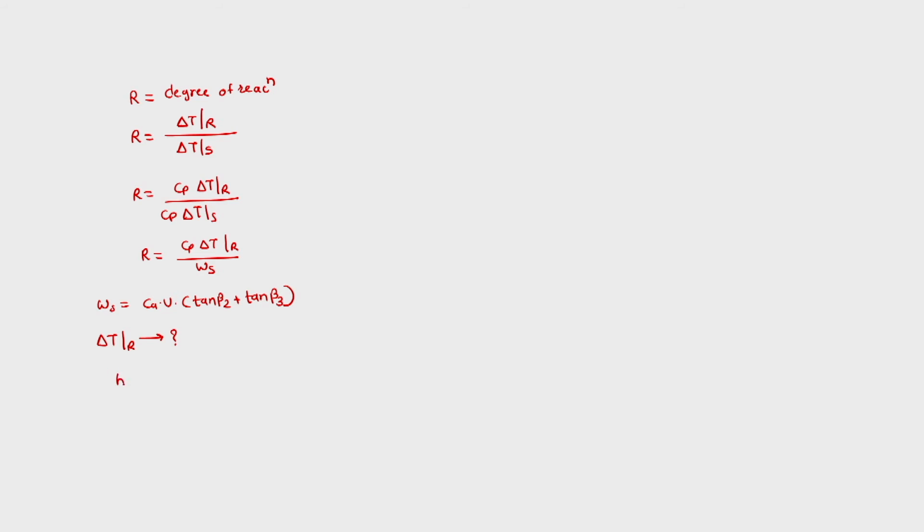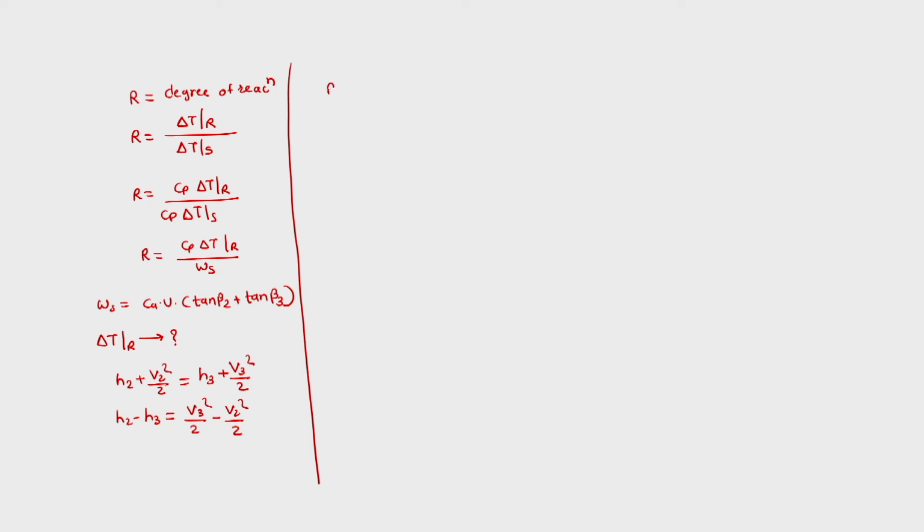So relative total temperature means H2 plus V2 square by 2 is the same as H3 plus V3 square by 2. So we have H2 minus H3 is equal to V3 square by 2 minus V2 square by 2. So this expression we can use to find out R.